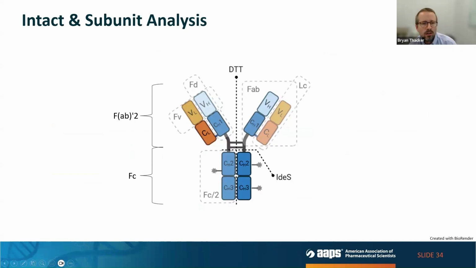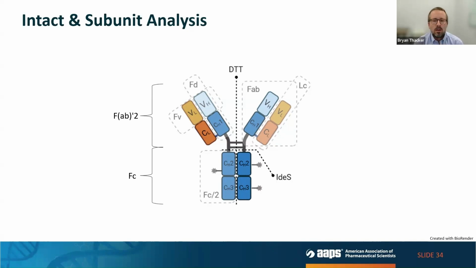Just a brief note here on the ADC and how it can be analyzed using mass spectrometry. Certainly, we can analyze the intact molecule using mass spectrometry, but the complexity inherent in this molecule can make it difficult to interpret the data and to tease out the different structural features that we'd expect to find and need to monitor.